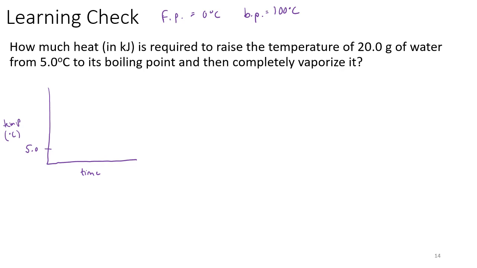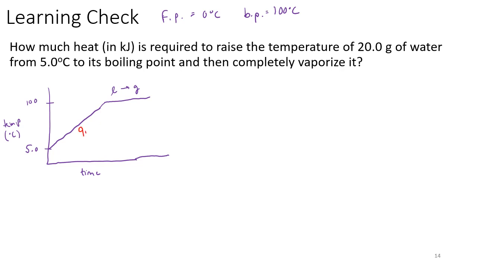Any energy that we put into the system is just simply going to go into warming up the liquid water. It's going to keep warming up until it reaches its boiling point, or 100 degrees Celsius. At its boiling point, it'll undergo a phase transition if we add more energy, and that will be used to convert it from the liquid state into the gaseous state. So in this example, we have region 1, which is our first diagonal line.